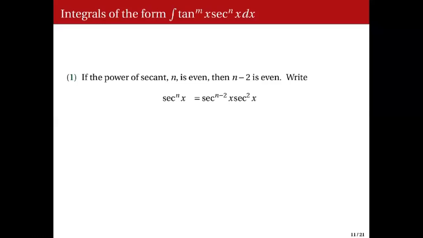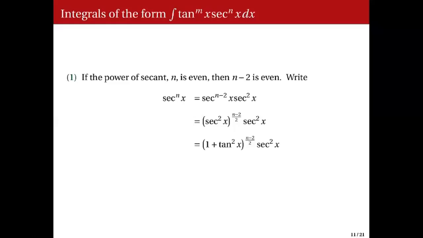You can write secant raised to n minus 2 into this form: secant squared x raised to n minus 2 over 2. Okay? And of course, you still have this secant squared x at the very outside. And then this secant squared x, you convert it in terms of tangent. So everything in here will be in terms of tangent except for the secant squared.